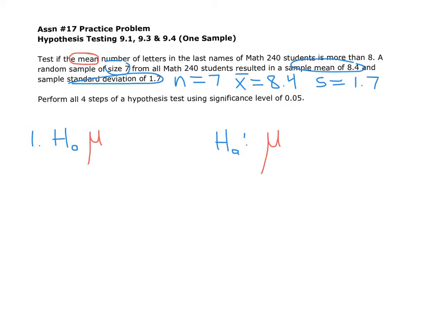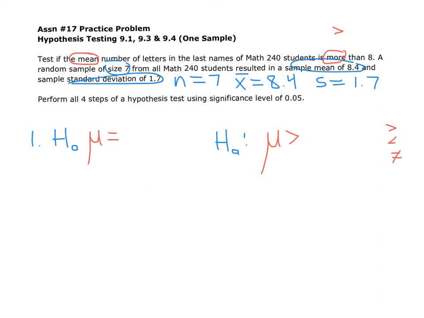Now for the null, we can always put in an equal sign. And for the alternative, our options are greater than, less than, or not equal to. So we want to look back and see which one matches what is in the write-up. We want to test that the mean number of letters in the last name of Math 240 students is more than 8. That goes along with greater than. So we want mu greater than.